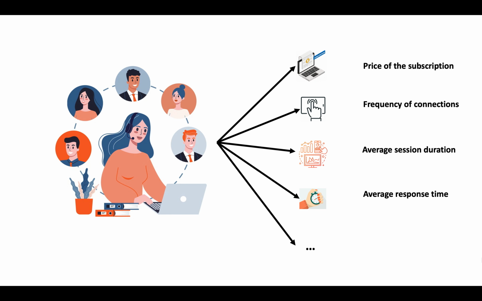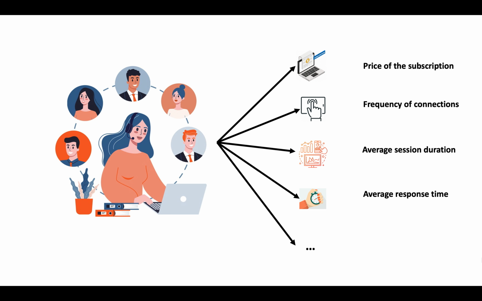For example, to transform the logs of users that we discussed earlier about the user interaction with the computer system, you could create features that contain information about the user and various statistics extracted from the logs. For each user, for example, one feature would contain the price of the subscription.